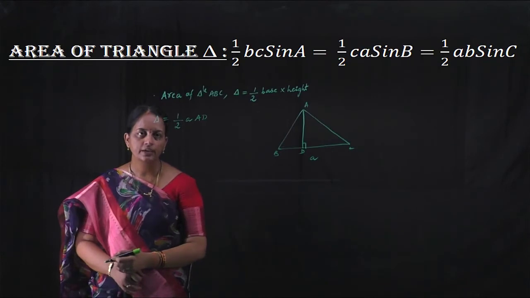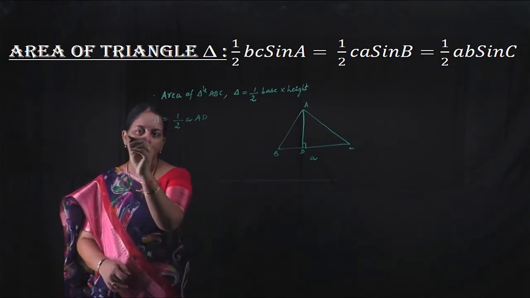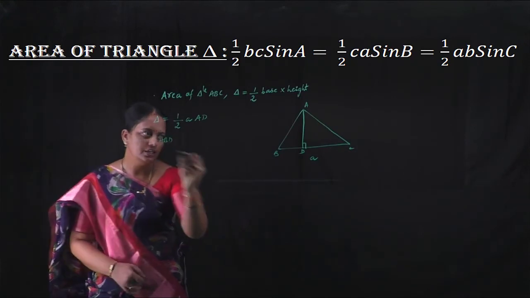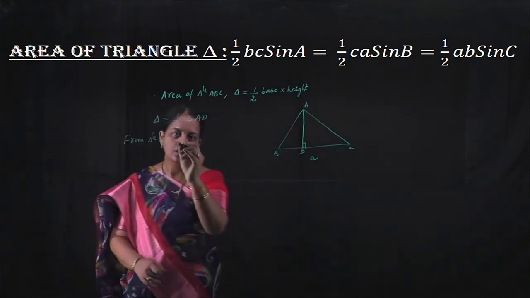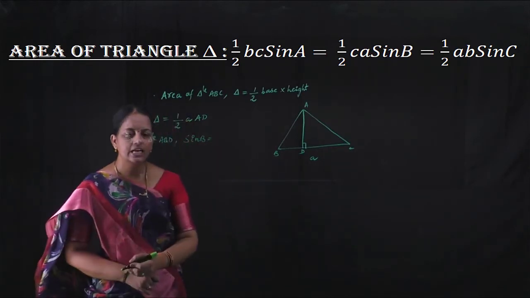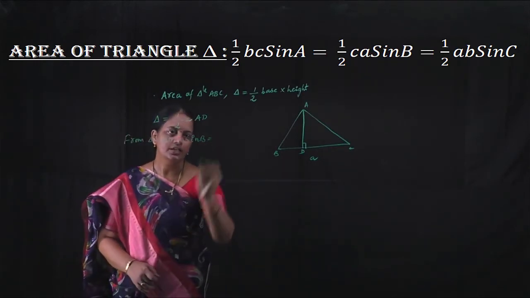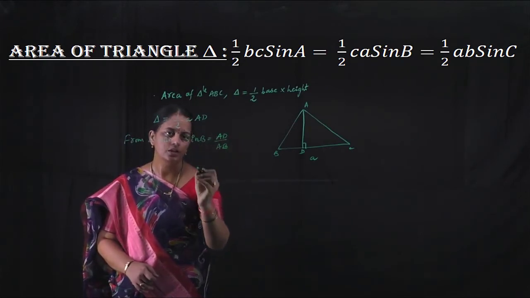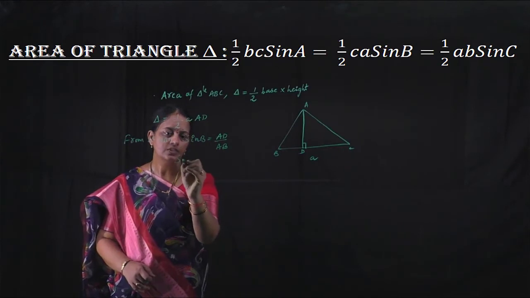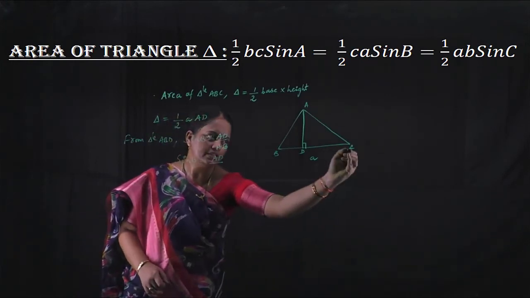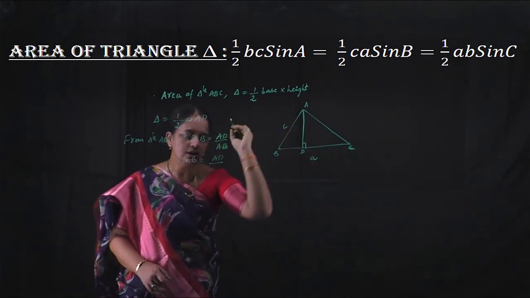From triangle ABD, clearly it is a right angle triangle. sin B is equal to opposite side by hypotenuse, that is AD by AB. AB is the side opposite to the vertex C, so that is small c.